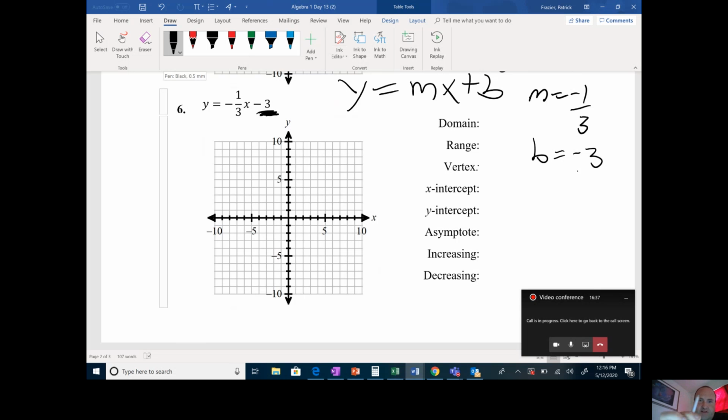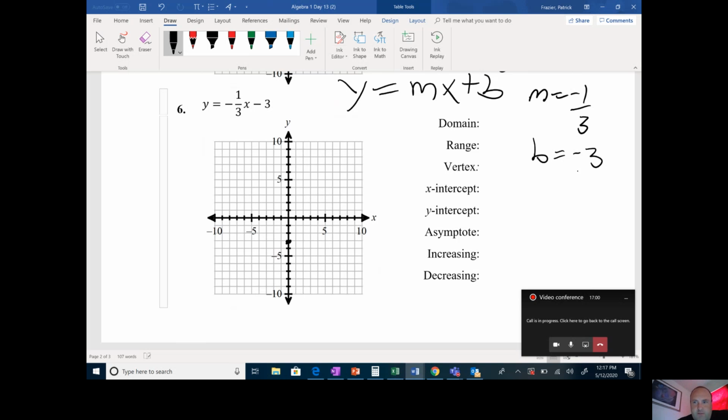You could have 1/3 as a y-intercept, but it's a number without a letter or a variable, some unknown thing attached to it. It's just a number by itself, and it's constant, meaning no matter what, that's going to be the y-intercept. So negative 3, negative 1, negative 2, negative 3, right down here.